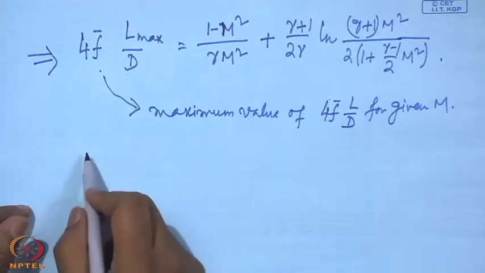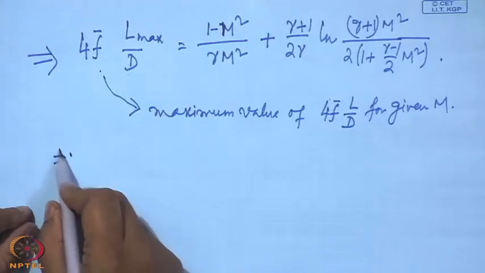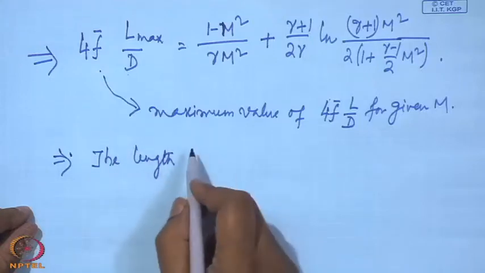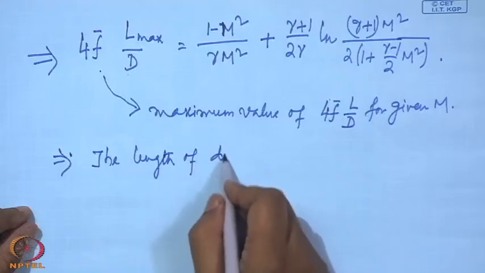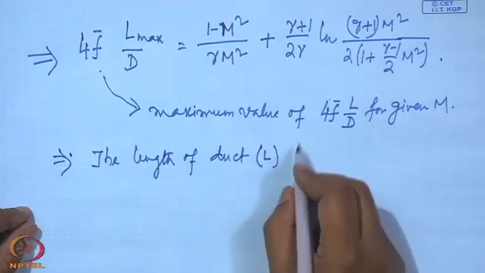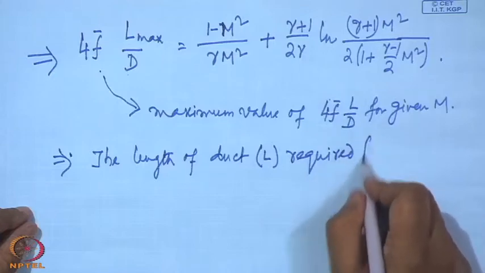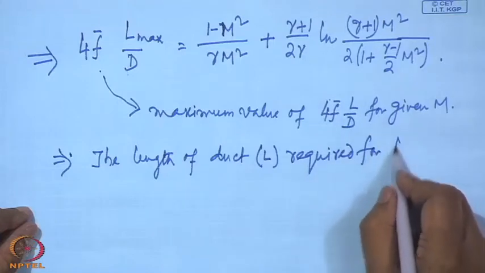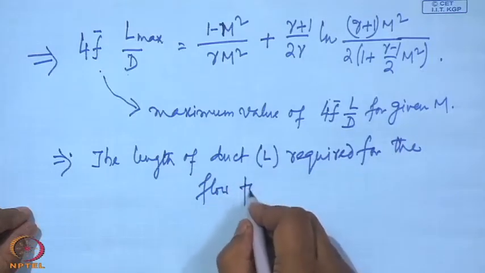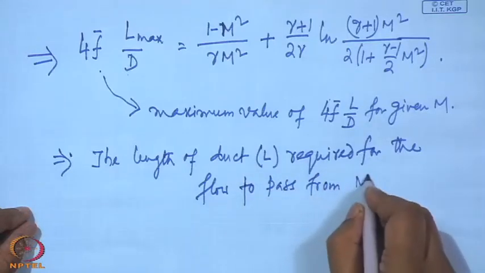Hence, we can write the length of duct L required for the flow to pass from M1 to M2.